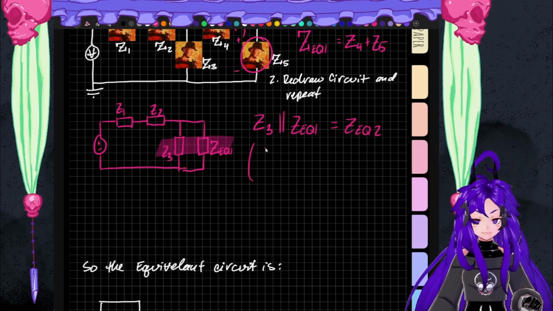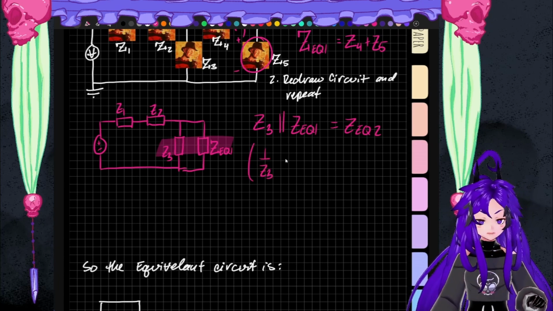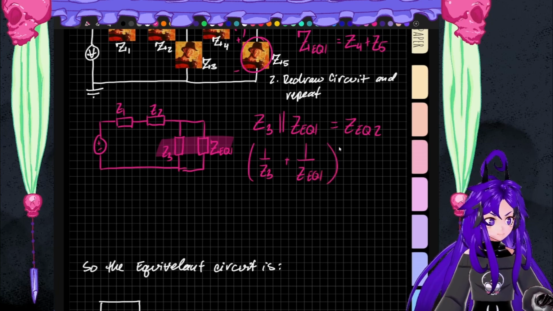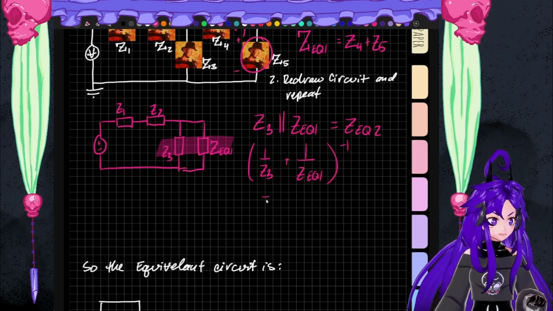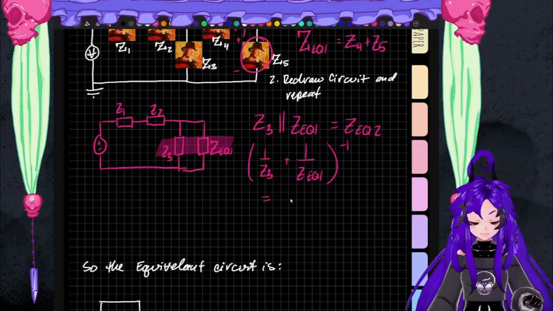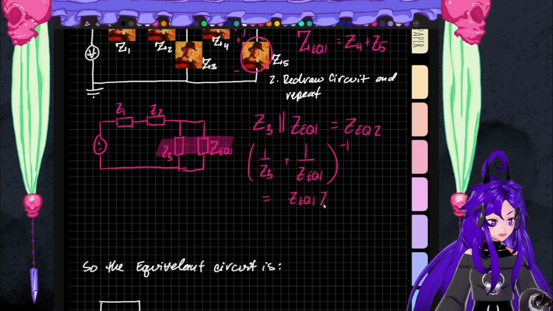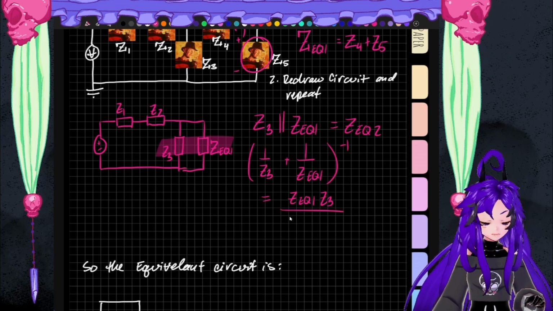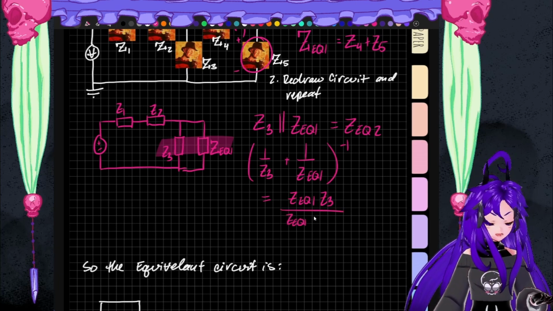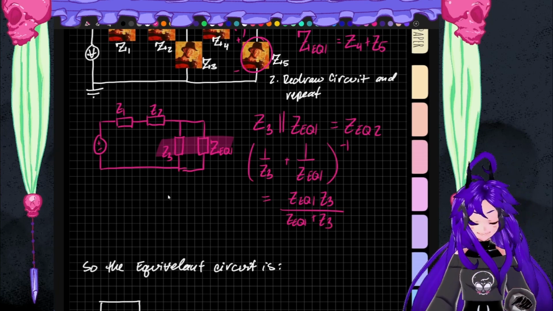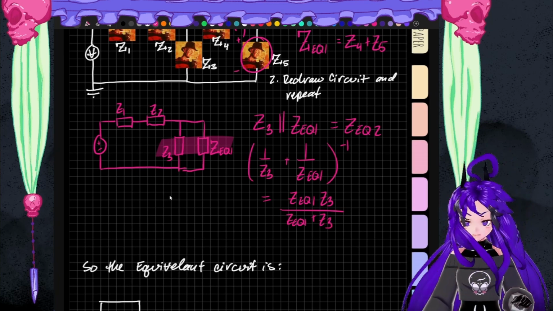So we can say 1 over Z3 plus 1 over ZEQ1, to the negative 1. Which, if you do the whole algebra stuff, you end up with this: ZEQ1 times Z3 over ZEQ1 plus Z3. Okay.